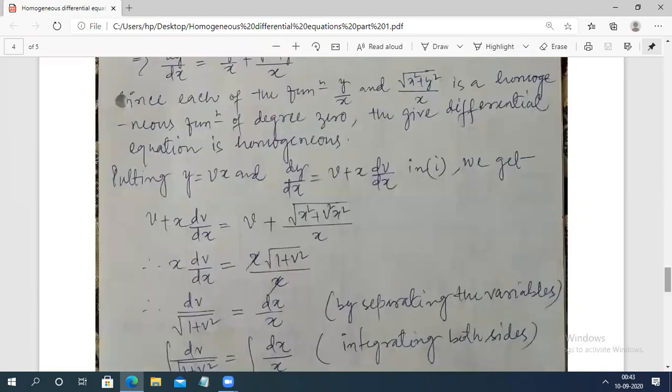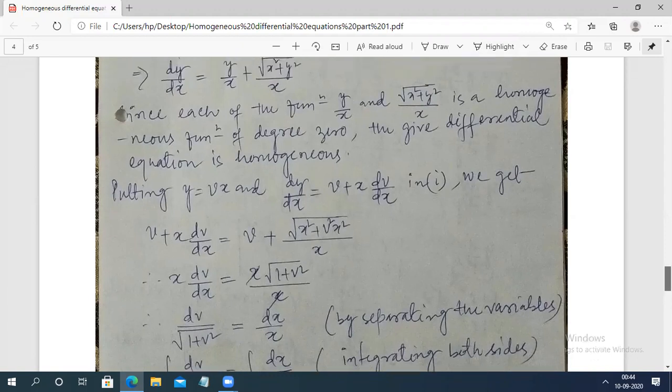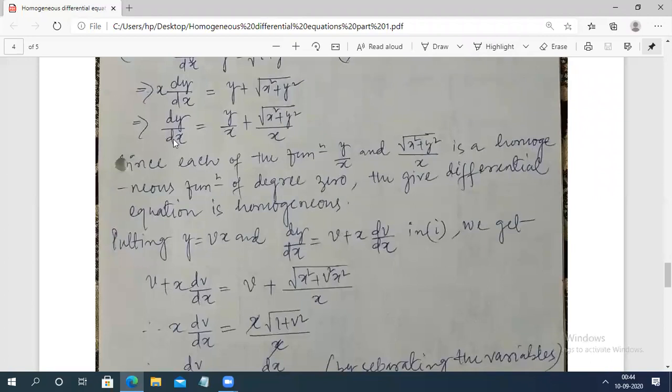So if y is equal to vx, what will be dy by dx? It will be v plus x dv by dx. That means the given differential equation will become: dy by dx can be written as v plus x dv by dx, and here y by x we have replaced with the new variable v.